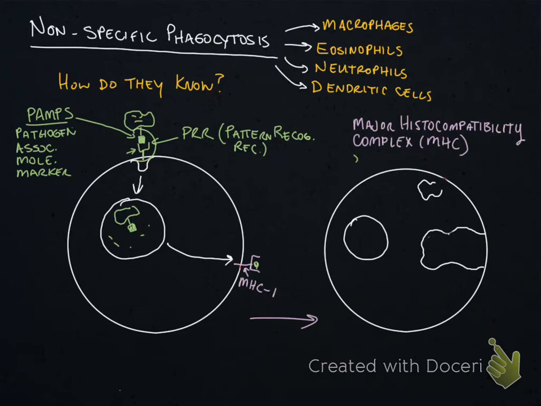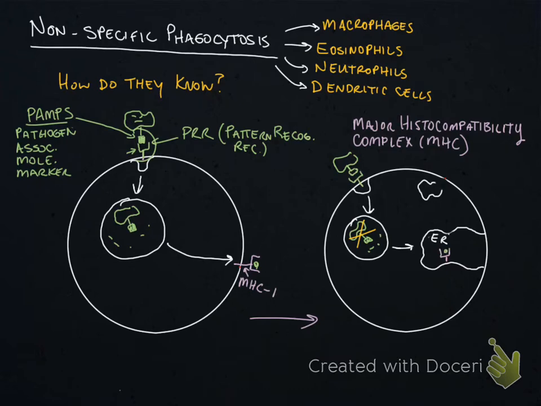So this right here is the same cell, and we're just going to look at this process in a little more detail. So let's draw ourselves a pathogen with a PAMP, and here is the PRR, the pattern recognition receptor on our phagocyte. It engulfs or endocytoses it. It breaks it down for parts. It digests it. It sends it to the endoplasmic reticulum, which is holding these MHC1 empty platforms.